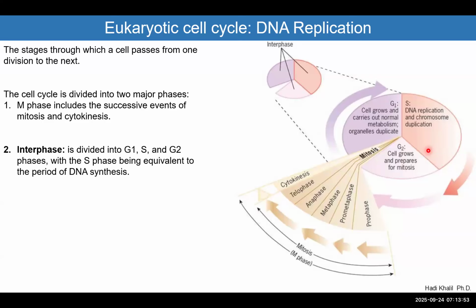Okay, now let's move a little bit toward the discussion about DNA replication, because all the G1, synthesis, G2 and the checkpoints and all that energy that we are spending during the interphase is in preparation for the cell to divide.